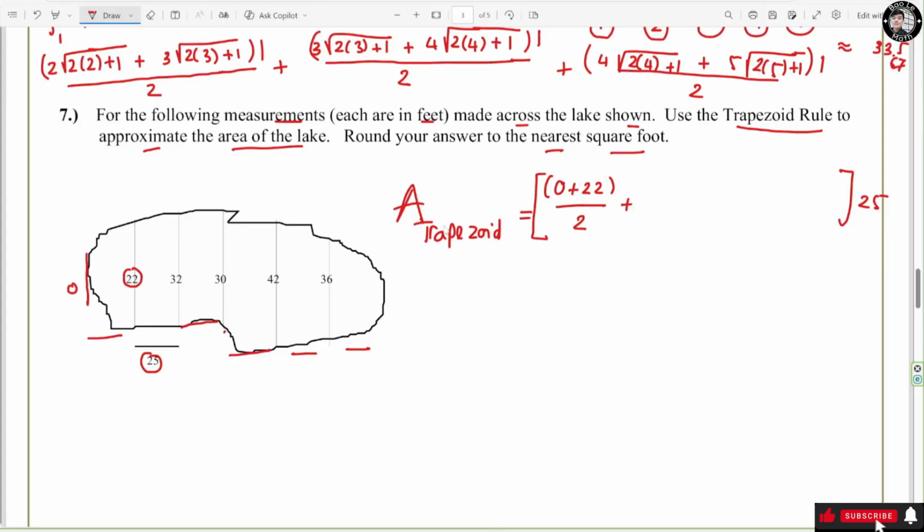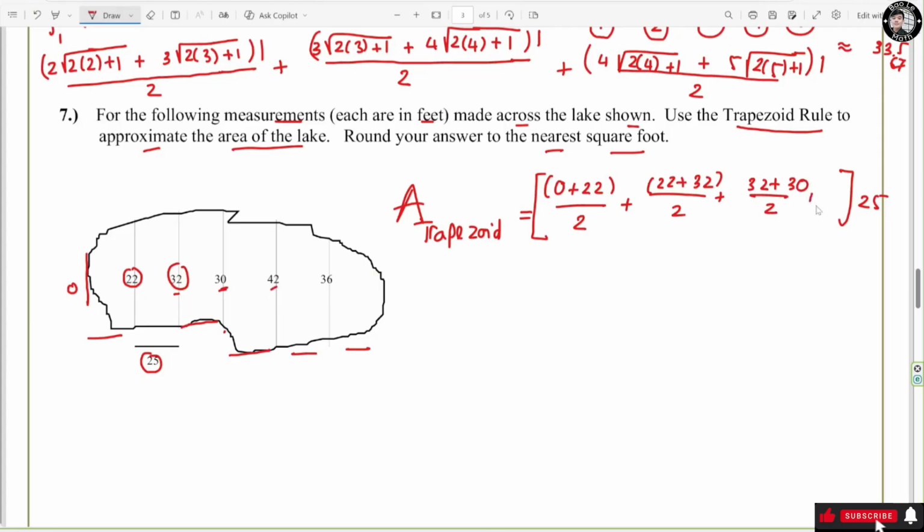Plus the second one, 22 plus 32 divided by 2. The second height right here and the third height right here. Now the third height and the fourth height right here, plus 32 plus 30 divided by 2. And that's 30 and 42.